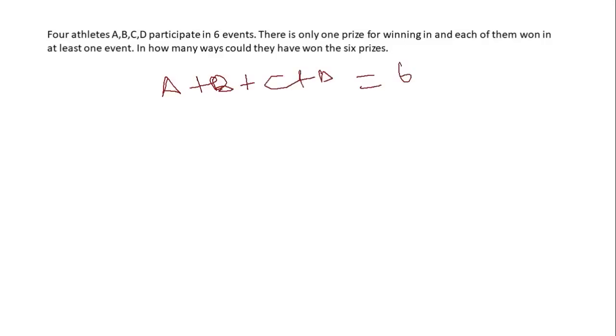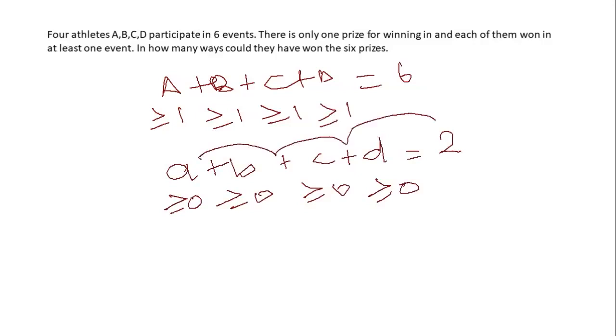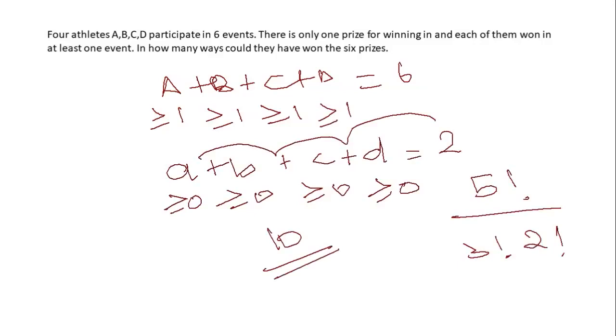But every one of them has won at least one event, so everyone should be a minimum of 1. Correct? So then what will the answer be? A plus B plus C plus D is equal to 2, each greater than or equal to 0. Am I right? The answer is 2 plus 3, that is 5 choose 3. So 5 factorial divided by 3 factorial into 2 factorial. So your answer is 10. Good job, very good.